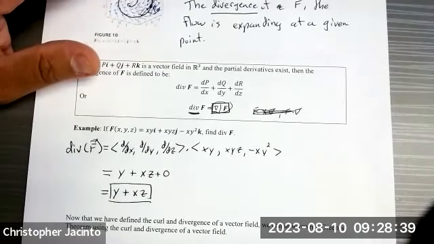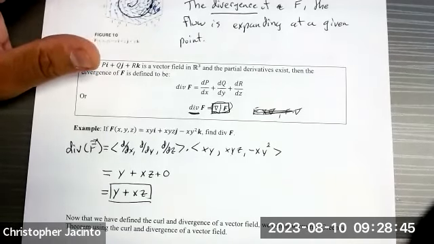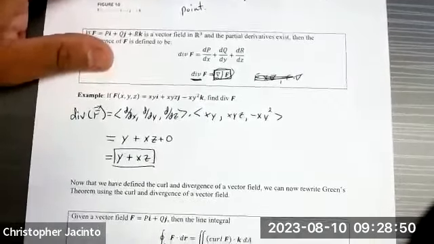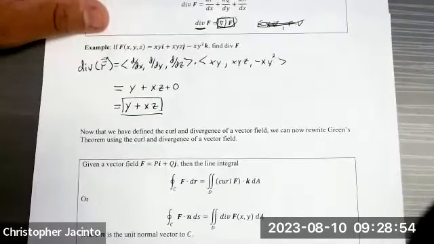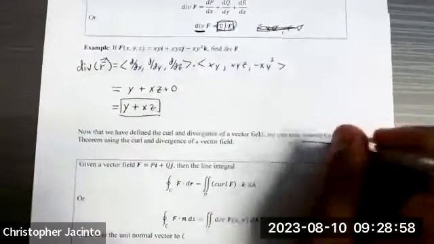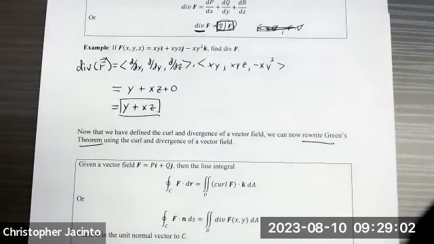So the last part of this section is how do things come into play all together? What I mean by that is, again, going back to vector fields and more importantly Green's theorem, how does everything flow with each other? So we can actually rewrite Green's theorem using curl and divergence of a vector field.